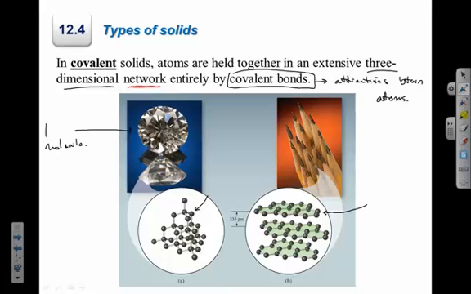If I wanted to cut a diamond, or burn a diamond, or melt a diamond, I would have to break up a bunch of these covalent bonds. It's very different from melting or burning or cutting a molecular substance like water.